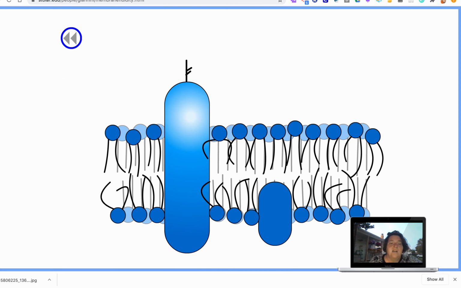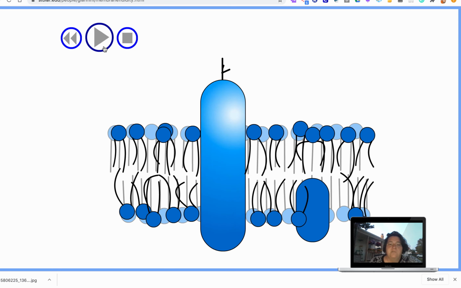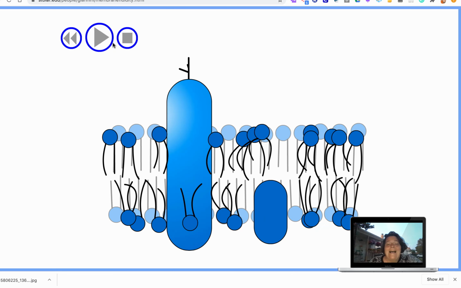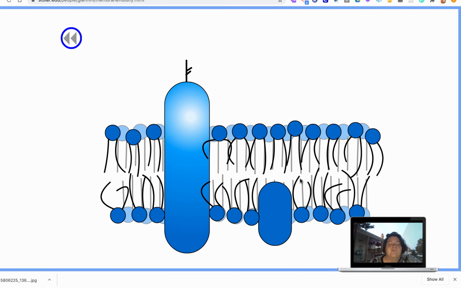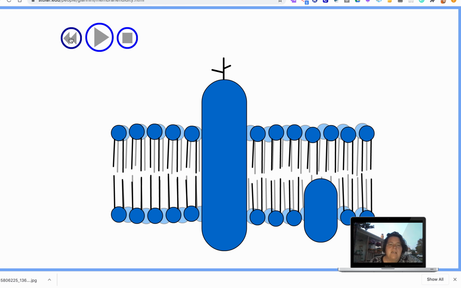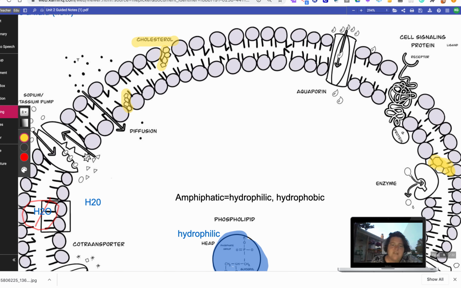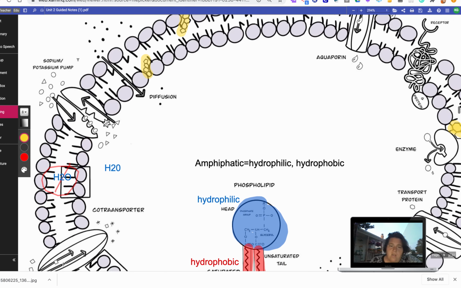Our membrane is very fluid, but what's not showing here is the cholesterol. Depending on how much you have in there, it can give you different amounts of membrane fluidity. And different organisms that live in different environments, depending on how important it is that their membranes not freeze or not heat up too much, have different types and different amounts of cholesterol.